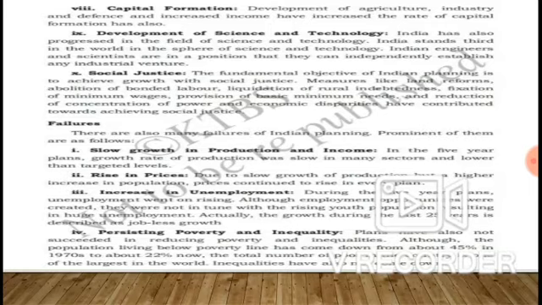The fundamental objective of Indian planning is to achieve growth with social justice. Measures like land reforms, abolition of bonded labor, liquidation of rural indebtedness, fixation of minimum wages, provision of basic minimum needs, and reduction of concentration of power and economic disparities have contributed towards achieving social justice.